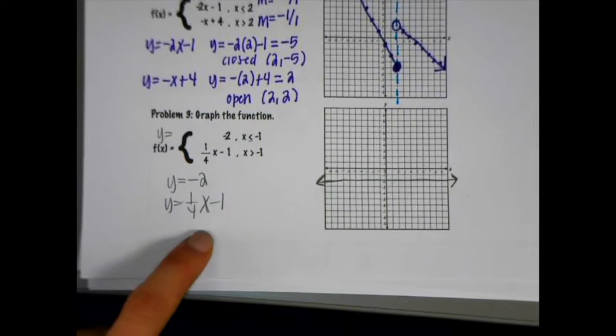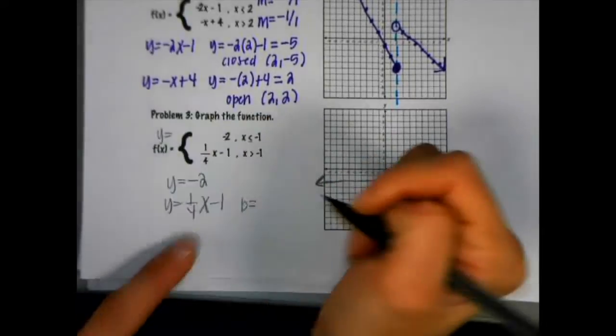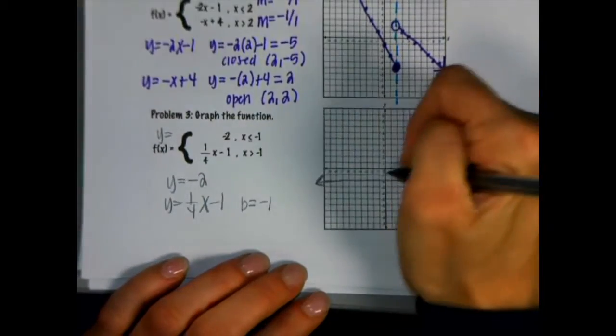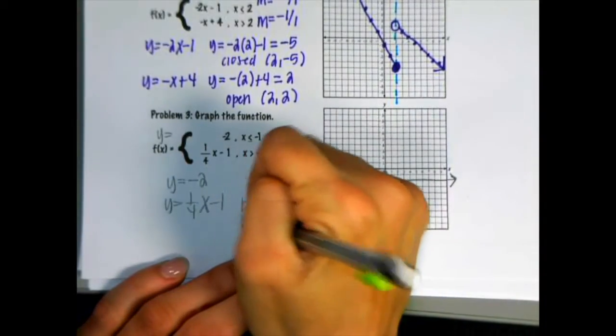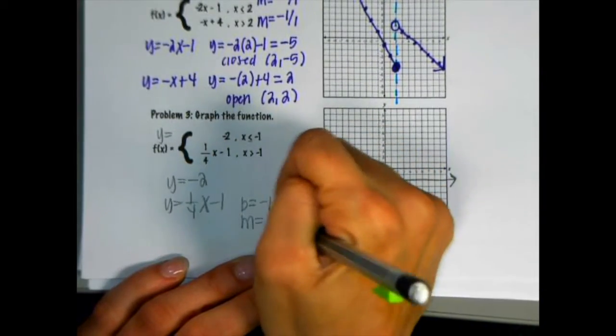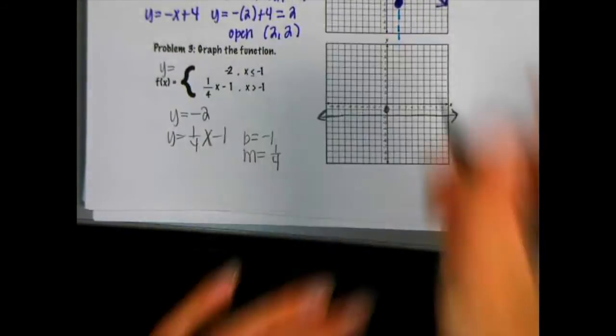All right, for this one, what's my b? -1. And then what's my slope? 1/4. So we're going to go up 1 over 4.